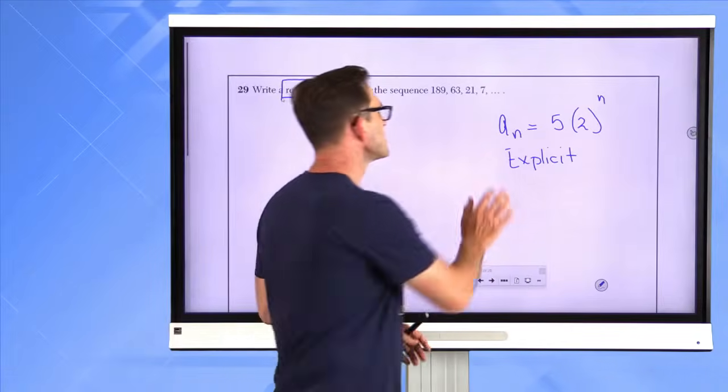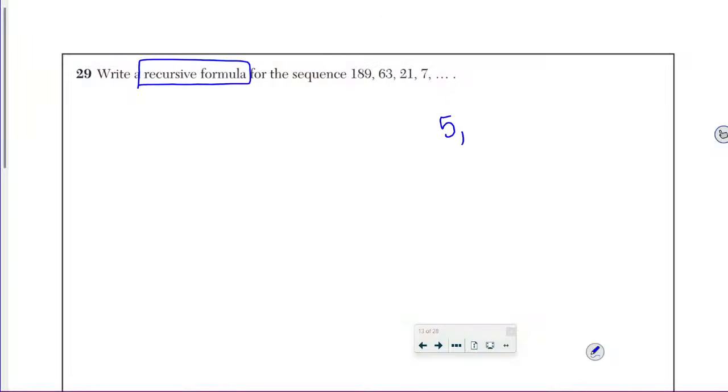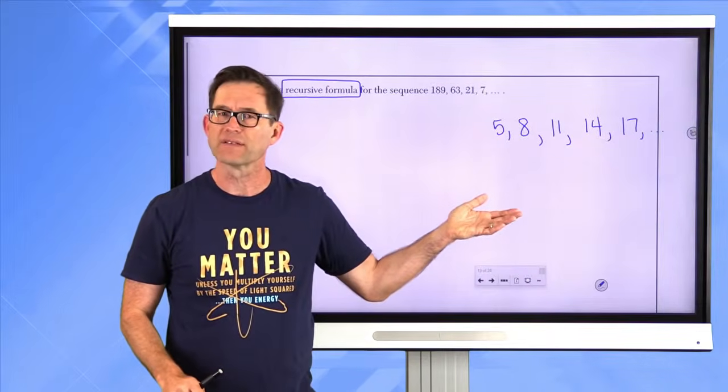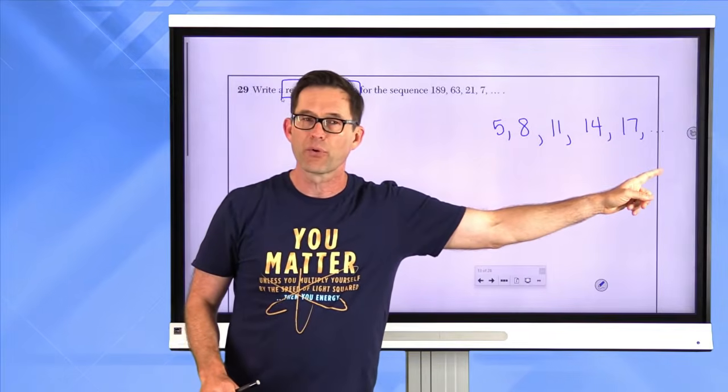So for instance, if I had this particular sequence, 5, 8, 11, 14, 17, etc. This is an arithmetic sequence, right? Each term is 3 more than the previous term.